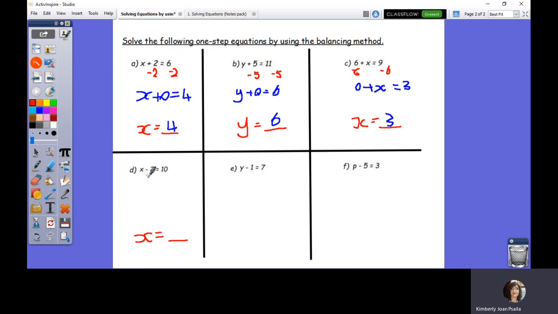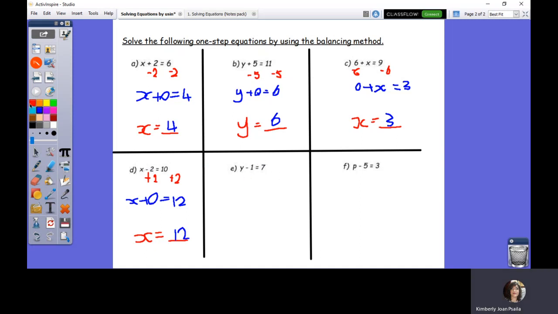In order to cancel minus 2, we have to add 2. When I say cancel, you bring the value to 0. And then I have to add 2 to the right hand side as well. So we are left with x minus 2 plus 2 gives us 0, which is equal to 12. Therefore, x is equal to 12.